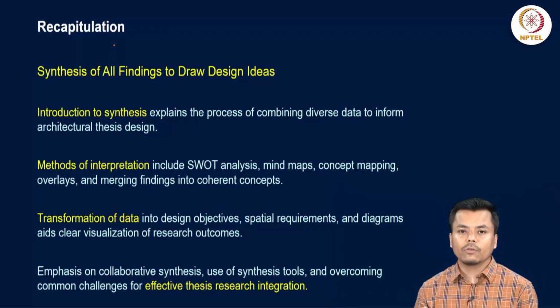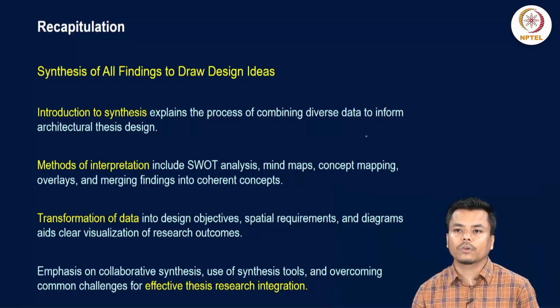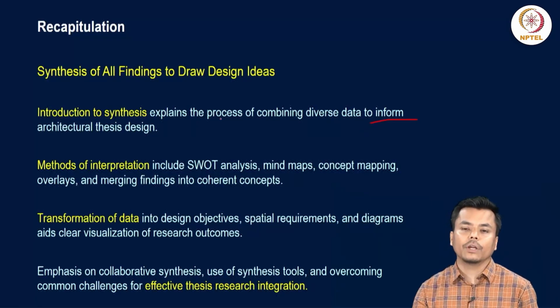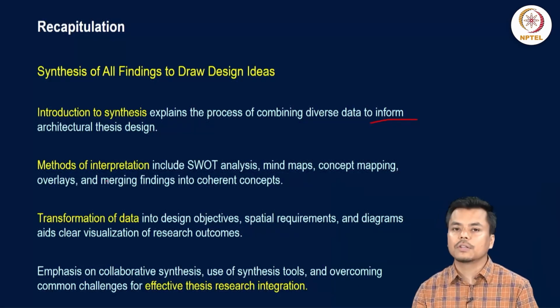So an introduction to synthesis was explained, wherein the process of combining diverse data to inform architectural design solutions was discussed. The methods of interpretation, which included SWOT analysis, mind maps and concept mapping, also overlays and merge, were used.